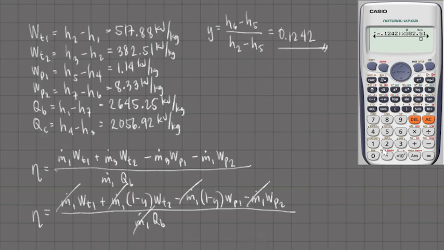In the denominator, we have Q sub B 2645.25. Our efficiency is 31.89% or 0.3189.